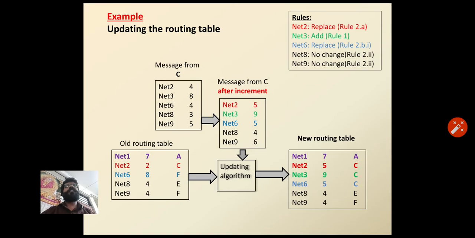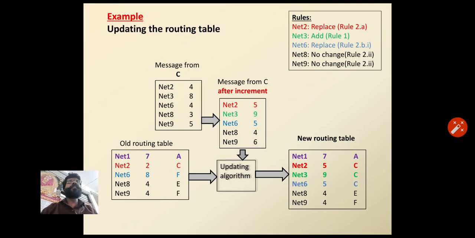A has a routing table, C has a routing table, and C sends a message to A. According to the routing algorithm, first the message hop count is incremented by one. So here we can see the message after incrementing one hop. The hops change: 1, 4 to 1, 8 to 9, 4 to 5, 3 to 4 and 5 to 6.